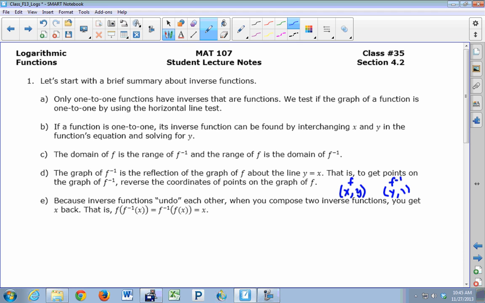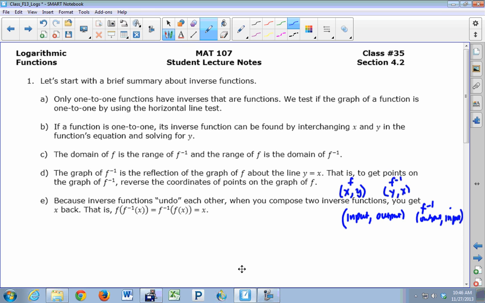We just reverse them. Whatever the input is in your first function f, and whatever the output is, it just completely reverses in f inverse. Your output is now your input, and your output is the original input of your f function. Okay, so they just swap places.